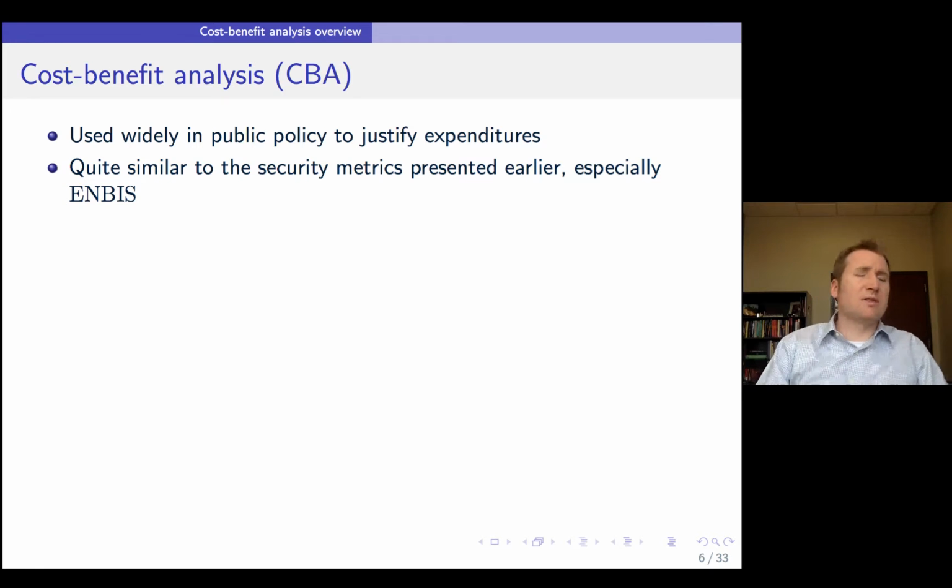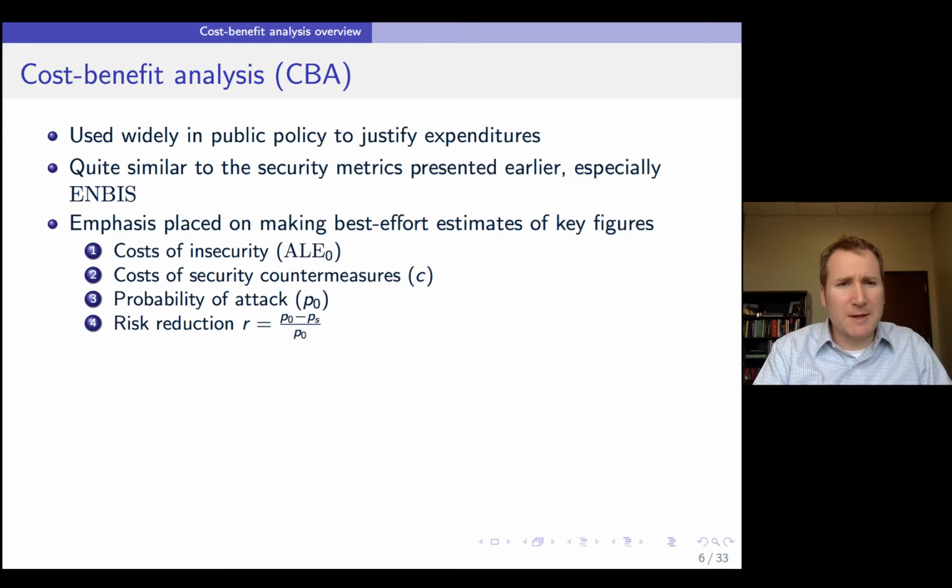So cost-benefit analysis is widely used in public policy to justify government expenditures, and it's in fact quite similar in design to the security metric we presented earlier, expected net benefit.